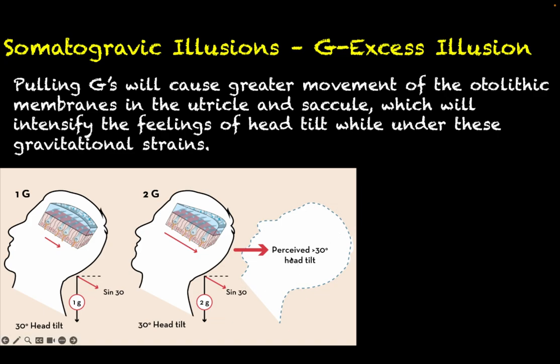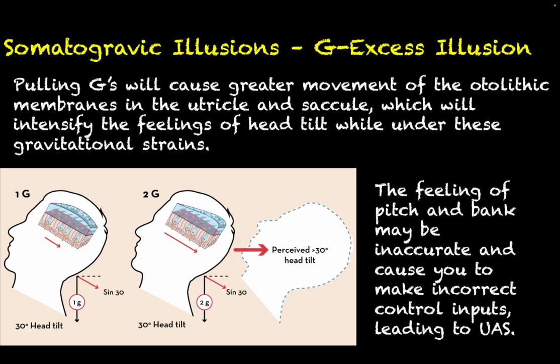So you're going to perceive more like a 50-degree head tilt because the extra gravitational strain displaced those calcium carbonate crystals more than they otherwise would. So the feeling of pitch and bank may be inaccurate while you're pulling G's, and this may cause you to make incorrect control inputs, which can lead to an undesirable aircraft state.